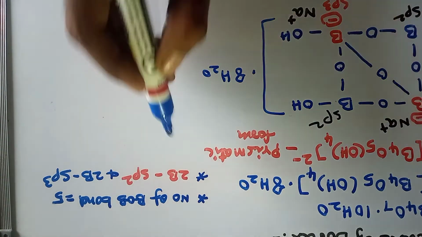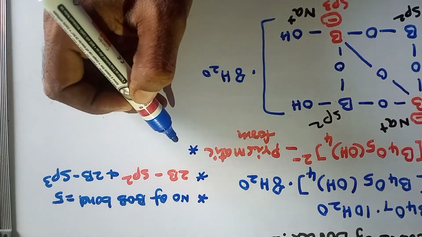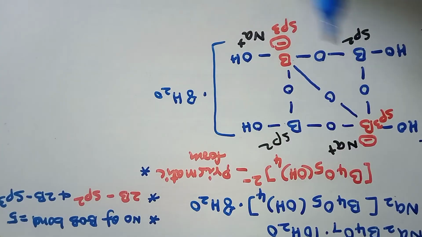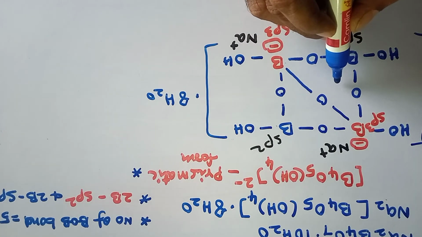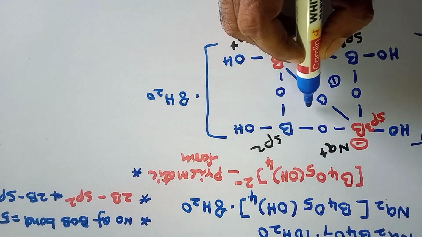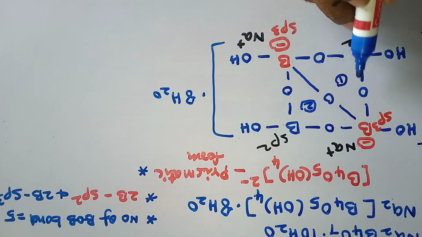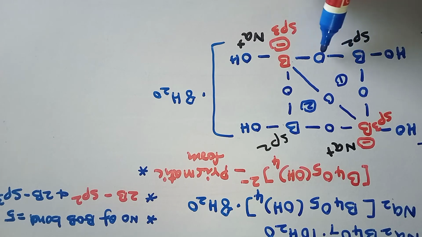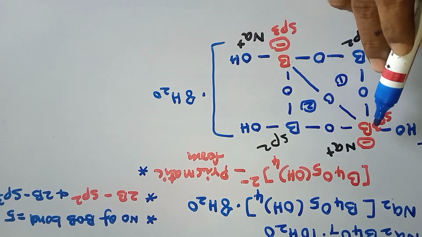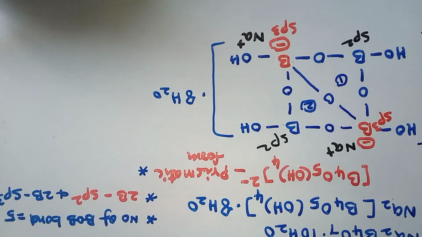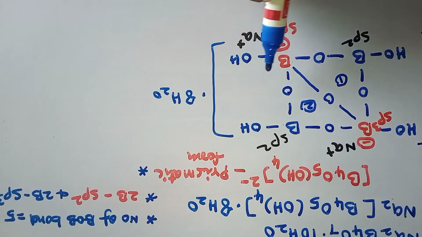Next point. There are 2 rings in the borax. This is one ring, this is the second ring. Each ring has 6 members, 1 2 3 4 5 6 members.